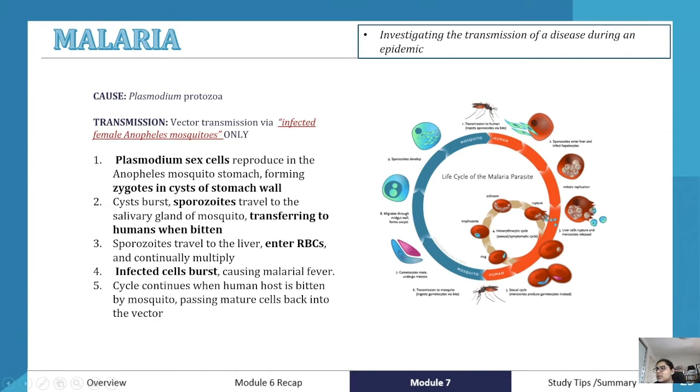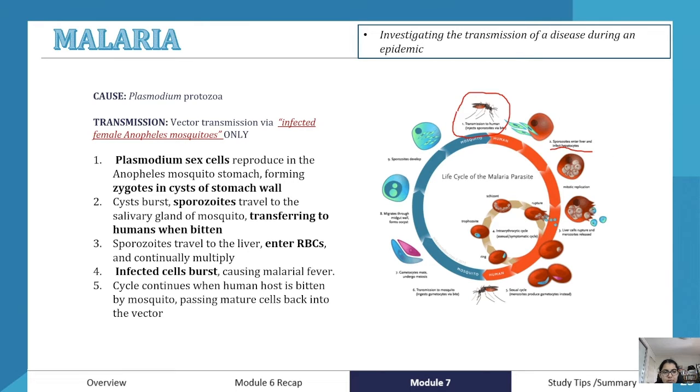So you can see in the diagram over there, we've got, let me get a pen. I really love using a pen. Hopefully you can see my screen okay. So we've got the transmission to the host that happens here, and then those sporozoites go straight to the hepatocytes, to our red blood cells, and they affect our red blood cells in the liver.